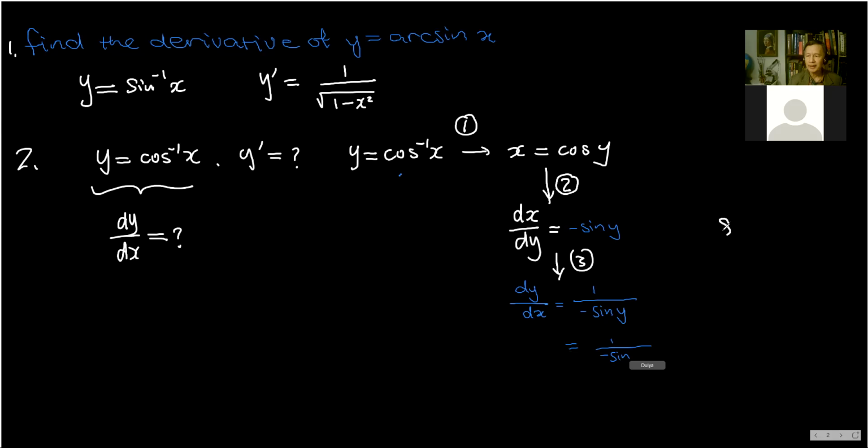So what is sine y? That's something we have to do something about. You can say sine cosine, but think about it. Do you remember we can rewrite that differently?